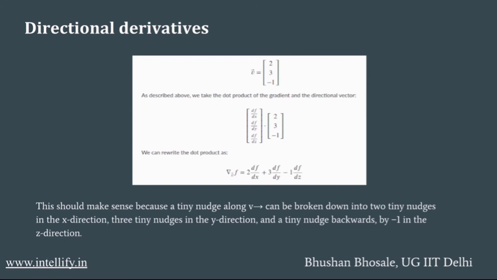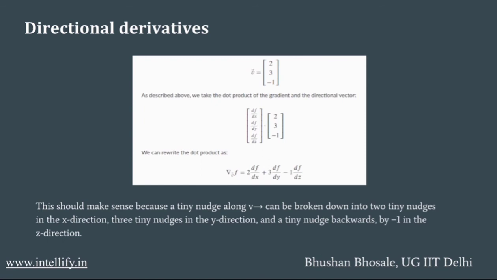The vector v can be northeast or it can be another direction. So the dot product in this case represents how much f would change, that is delta f, if we change our direction from northeast to the vector v. So that is what is represented by directional derivatives.